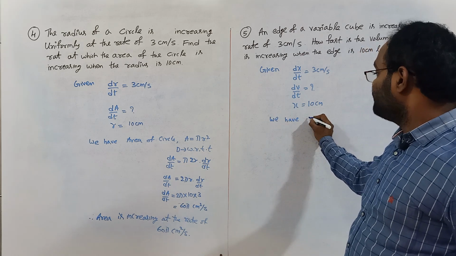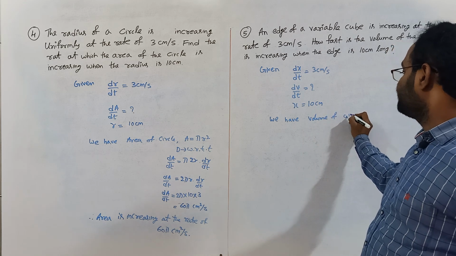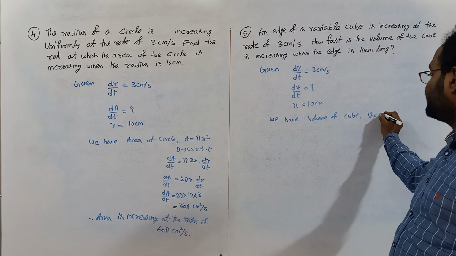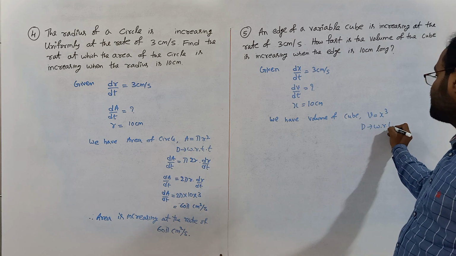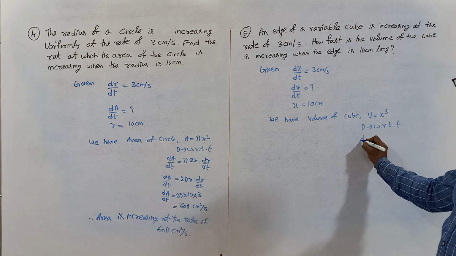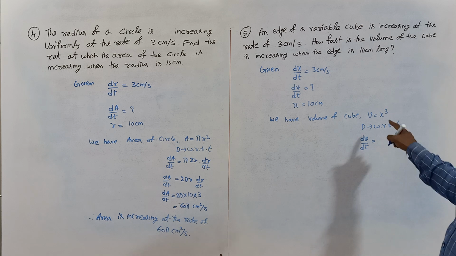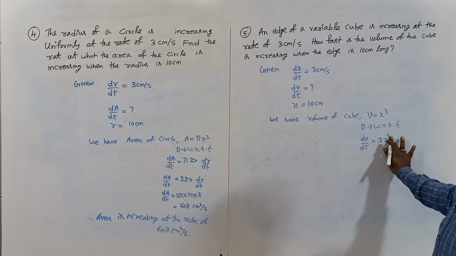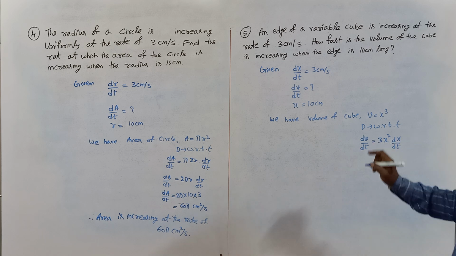What is the volume of the cube? Volume of cube V is equal to x cube. Differentiate with respect to t. dv by dt, derivative of x cube is 3x square into dx by dt, because the variable is x and the parameter is t, so use the chain rule.